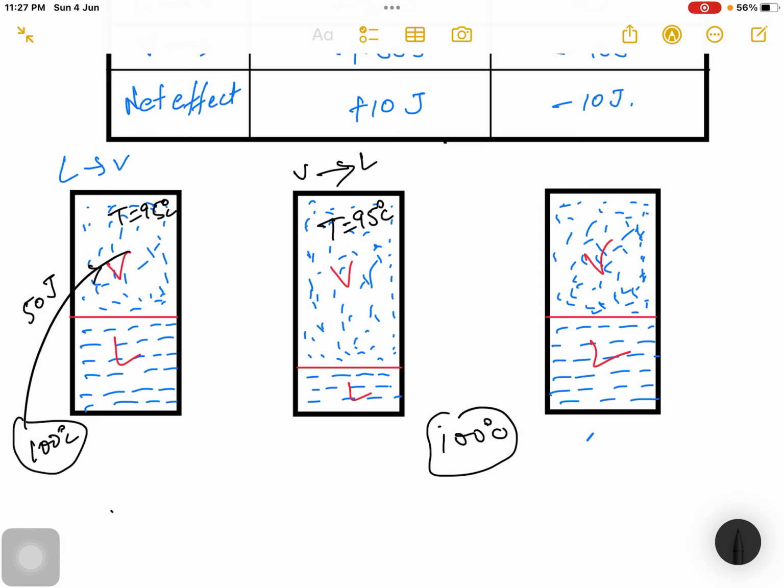What is happening in the surrounding for surrounding and converting liquid into vapor. What is the heat interaction?